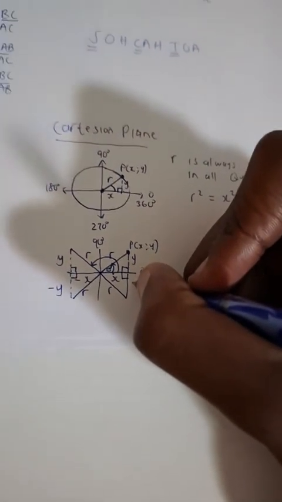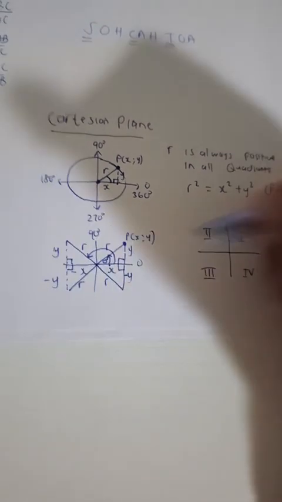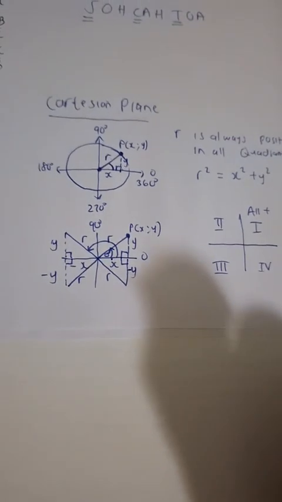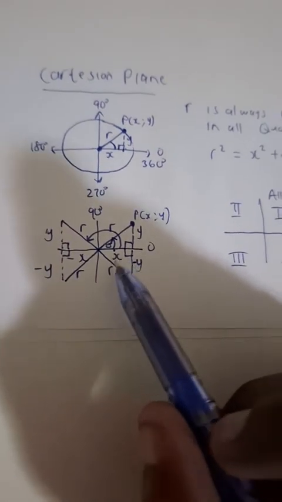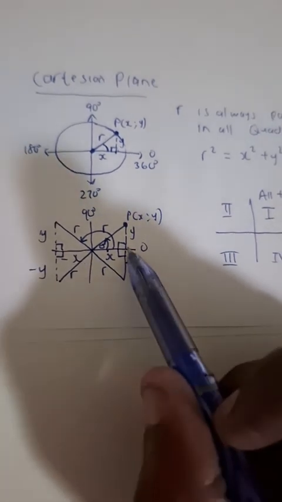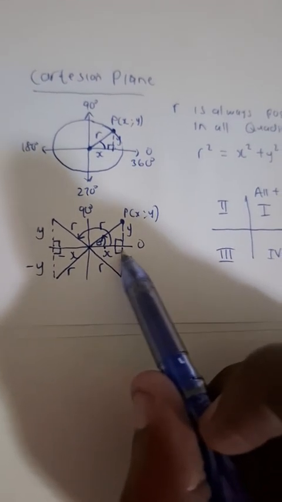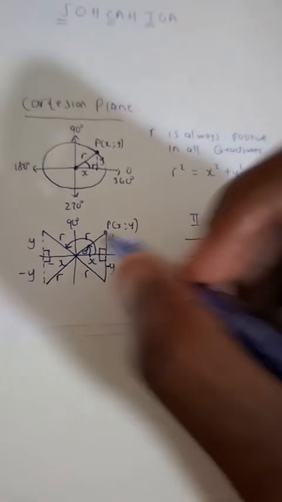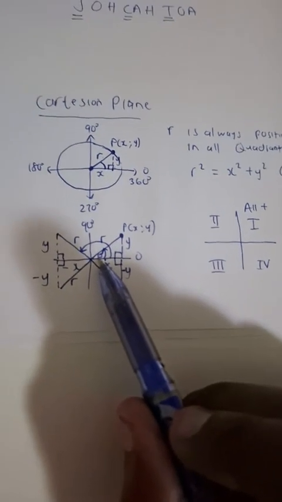Okay, then we have r, we have y, which is negative in this quadrant, and then x is positive in this quadrant. So like I said, we have r, which is positive, y, which is negative, and x, which is positive. So if we look at the angle again, look at the trig definitions.